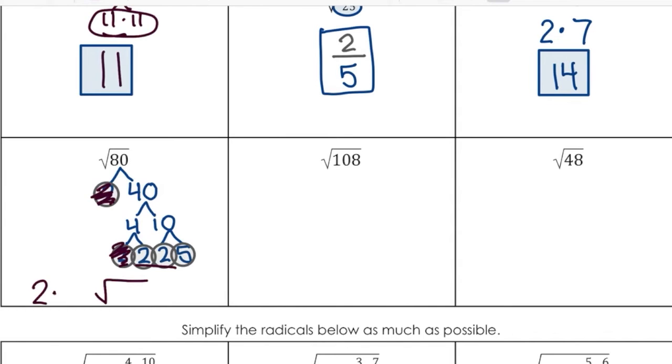So I'm going to put another 2 out there, like that. And then the only thing I have left inside is the 5. And it doesn't have a pair, so it has to stay in. Then I have 2 times 2 in front right here. So I need to actually do 2 times 2, which equals 4, and then you keep the square root of 5.